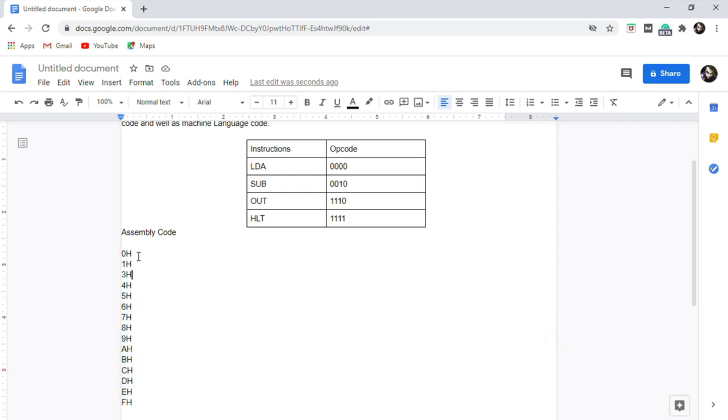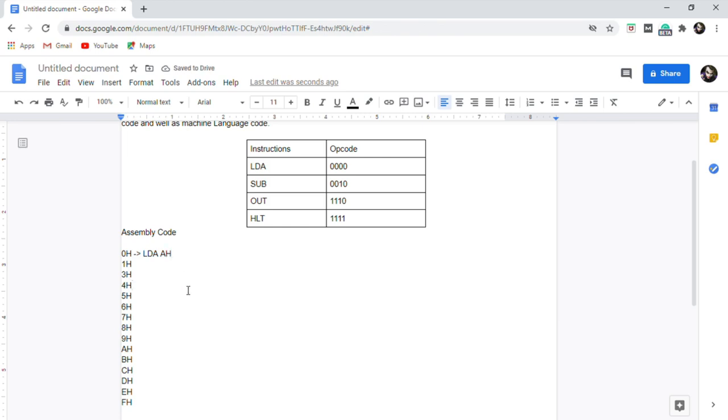So let's start. At first, we need to load the accumulator with addresses. So I'm going to write LDA instruction over here. LDA. Then after, the memory location where we are going to put the data. That means basically from above this location. So I'm going to write over here LDA AH.